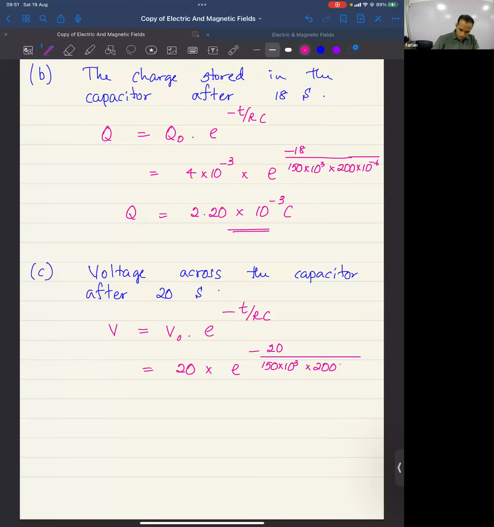C is 200 into 10 to the power minus 6. That will be 20 into e to the power minus 20 over RC, which is 10.268, that's 10.3 volts. The voltage after 20 seconds. Right? Have you got this answer?